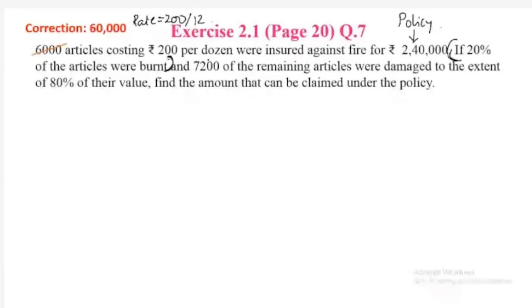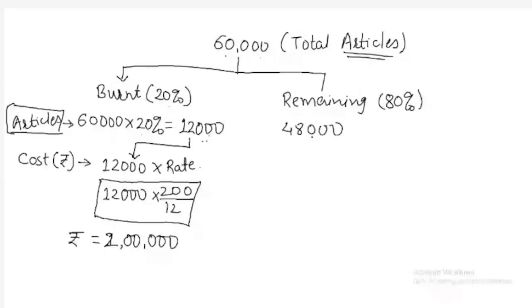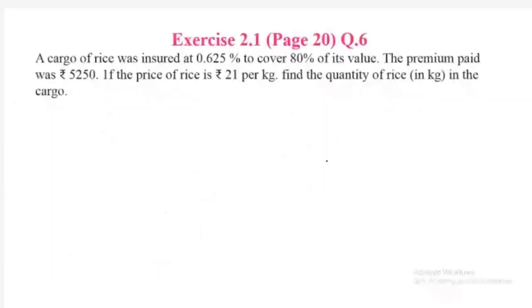And 7,200 of the remaining articles were damaged. So now out of this damaged one, how much is damaged? 7,200 damaged.